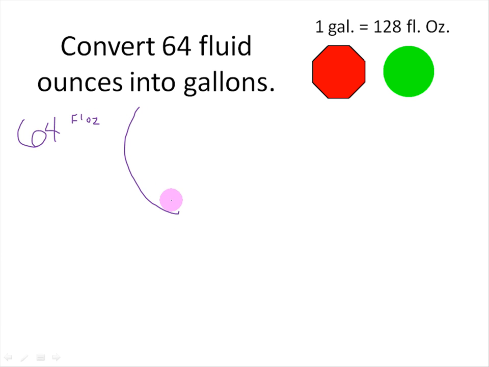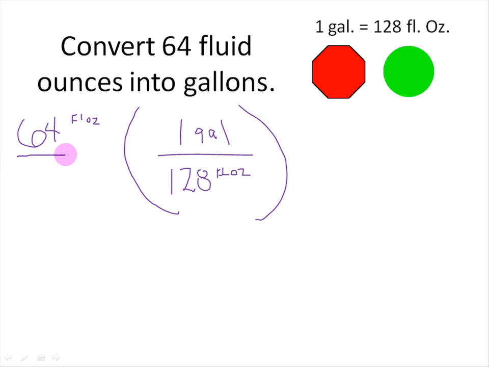We want fluid ounces, so we have 128 fluid ounces. That's our denominator. And we have 1 gallon. That's our numerator. Just because I'm multiplying a fraction times a fraction, I'm just going to stick that over 1.